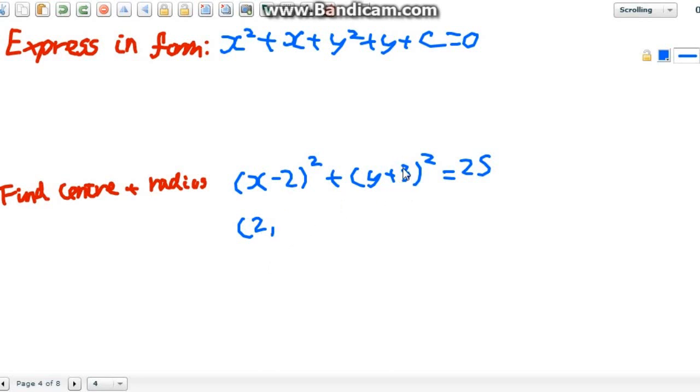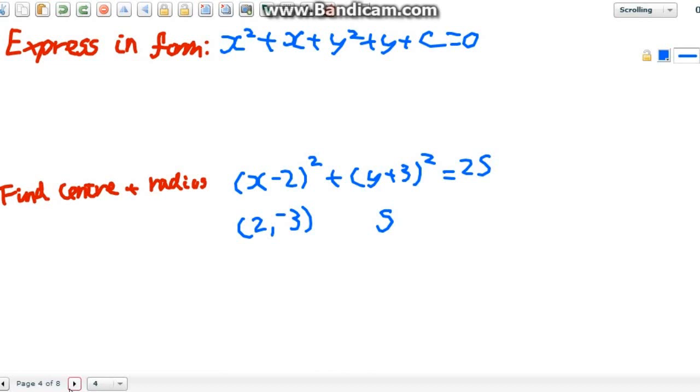Negative b is positive 3, so the normal b is negative 3, because minus 3 is plus 3. That would be your centre. Then your radius, you square root the value on the other side, and the square root of 25 is 5. They're the 2 easier questions; they'll probably come up as part 1 or 2 of a circles question.